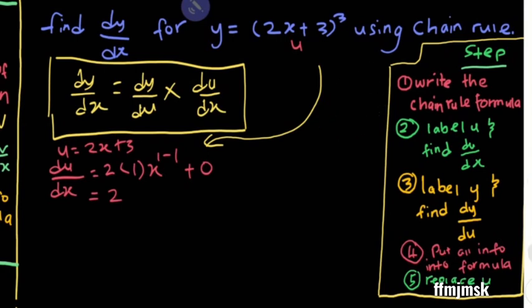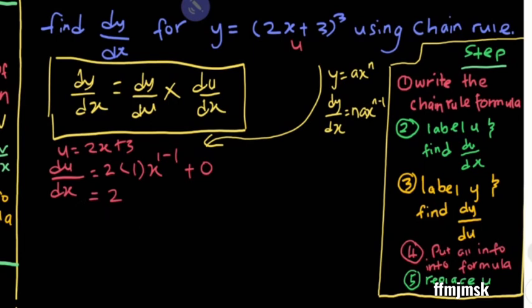I write it once again for you so that you can relate it with the solution: y equal to ax power of n, so dy over dx is equal to nax power of n minus 1. I just want to show you once again how I get du over dx equal to 2.